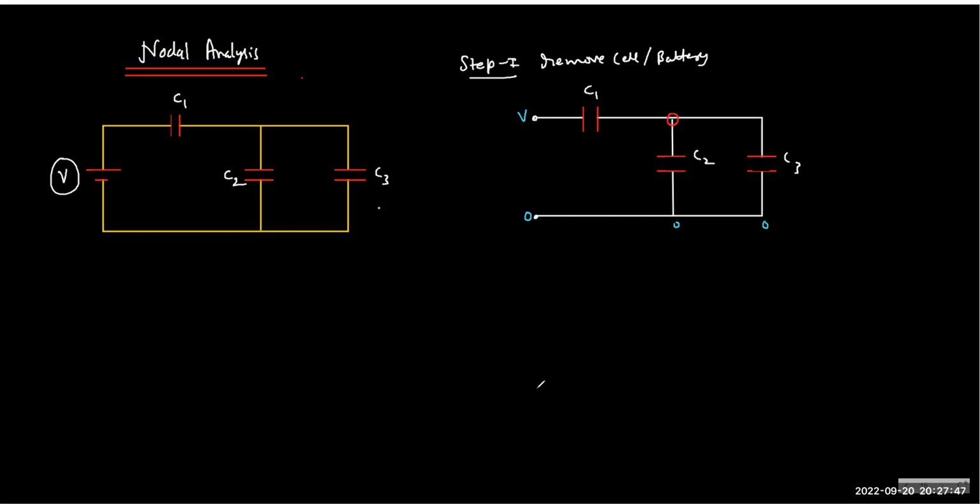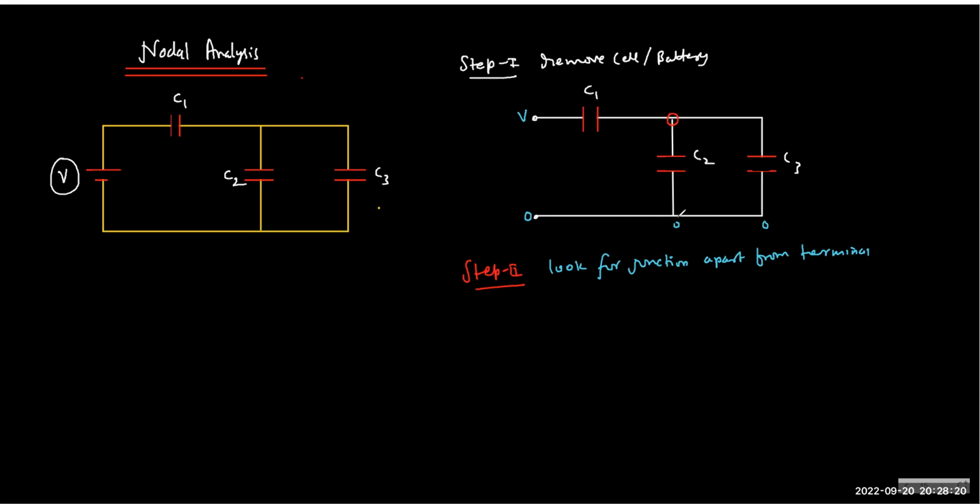So the next step is to look for junctions, apart from terminals. I said a junction is the place where at least three connections are present, right?